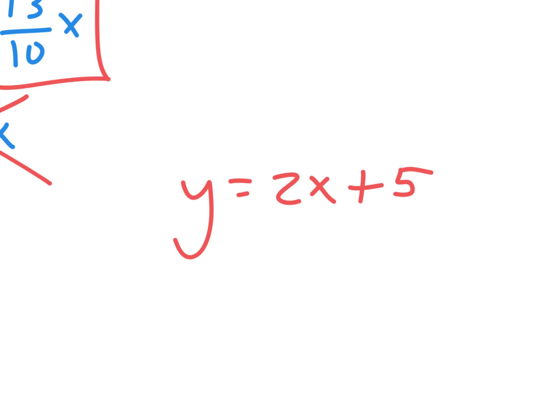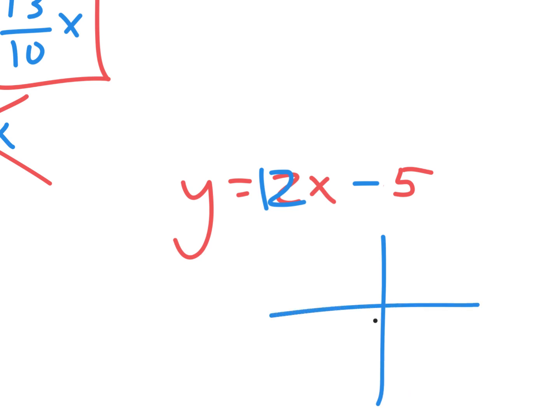That's the slope. So what if I put a 12x minus 5 here? So now what's the slope? 12, and what's the y-intercept? -5. So if you had to graph this, you go down to -5, you put a dot there, and your slope would be 12, so it'd be like super steep. You get the basics of that?